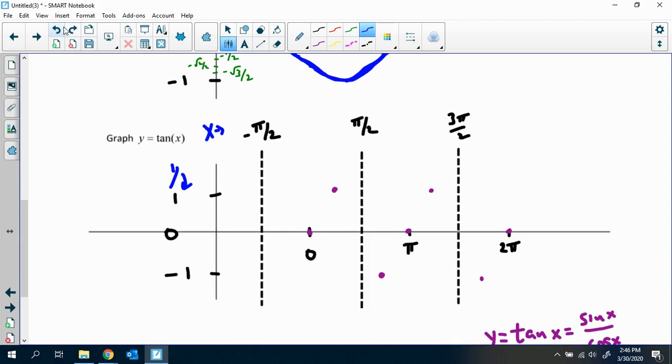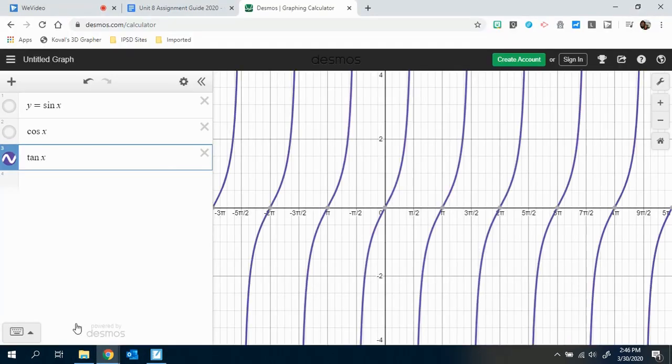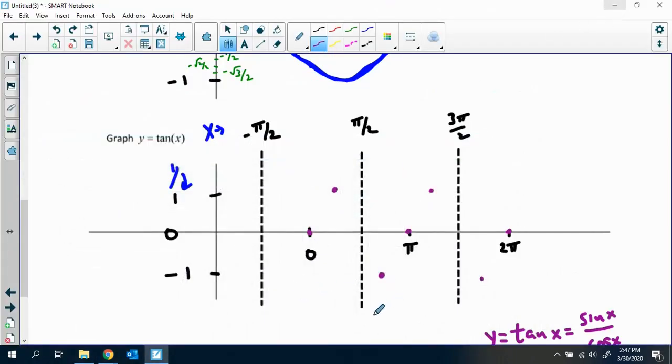So if I graph this function, I have an awareness of what it looks like based on looking at the Desmos. It looks like I have asymptotes at negative pi over 2, 3 pi over 2, 5 pi over 2, and so on. And my graph looks something like this.